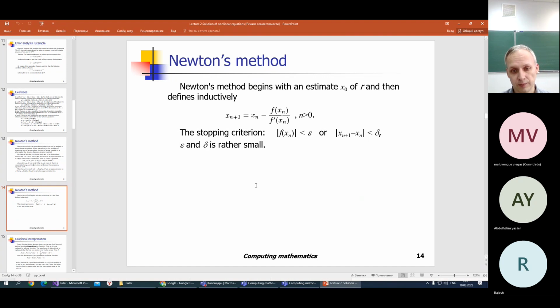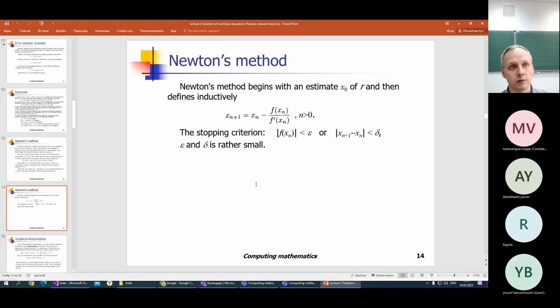We considered some numerical examples of how to find the square root of 2 or the square root of 17 using this approach.